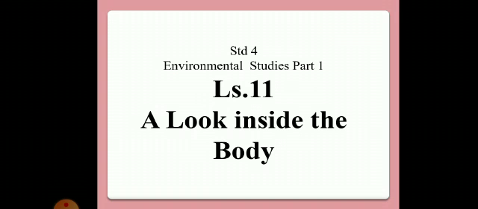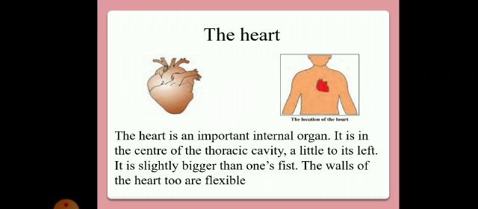Let us continue with important internal organs. First one, the heart. Children, there is blood in our body. We take in air when we breathe in. Our blood carries the air to all parts of the body. The food that we eat gets digested.